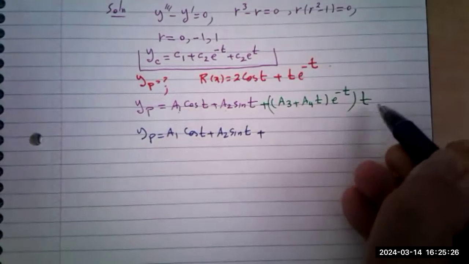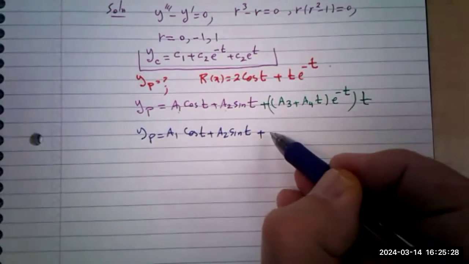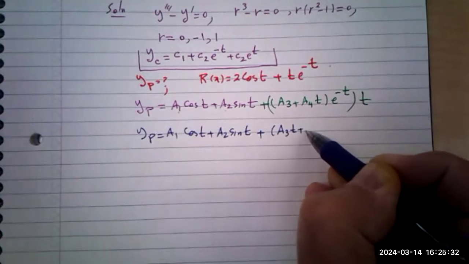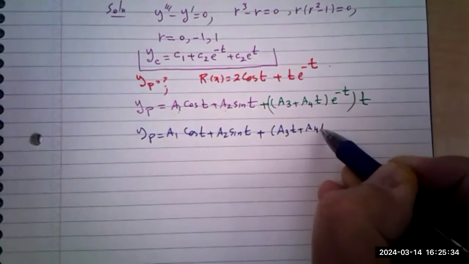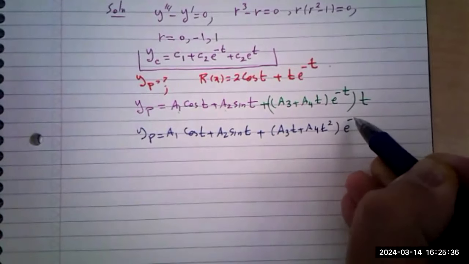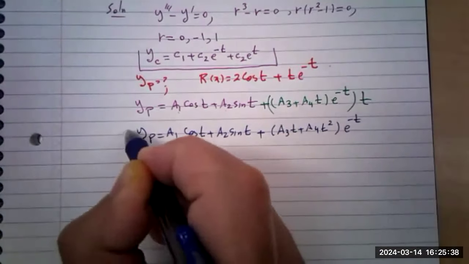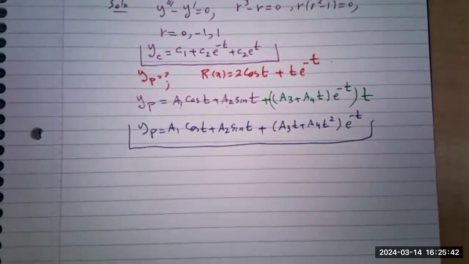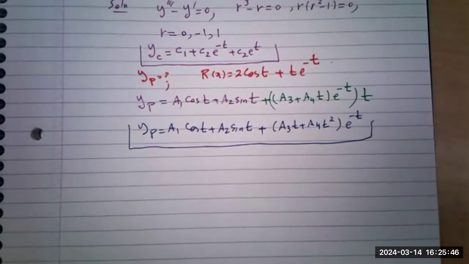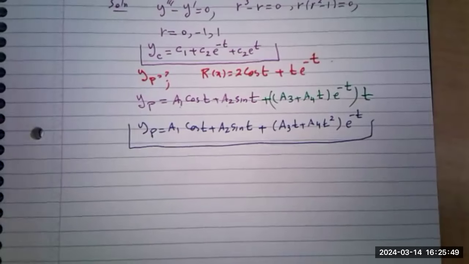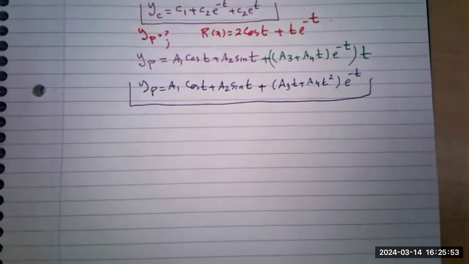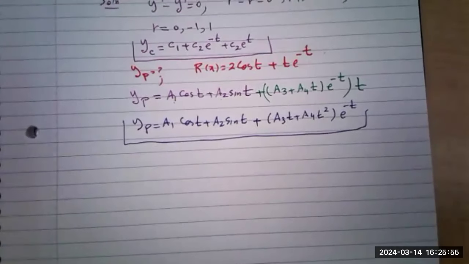And the second part, that would be fine, but if you want, you can multiply the t inside: a3 t plus a4 t squared, times e to the negative t is going to be your final. You're not supposed to find those coefficients, of course, since it takes time. Any question? You would do one question, but a couple of these together.